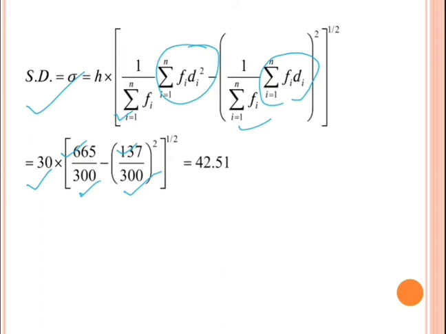On simplifying this and finding the square root, you get 42.51. This is the required final standard deviation for the values in the form of class interval and frequency, right?